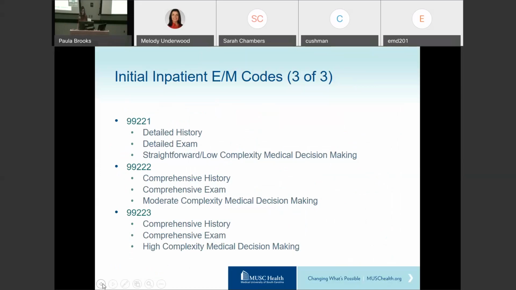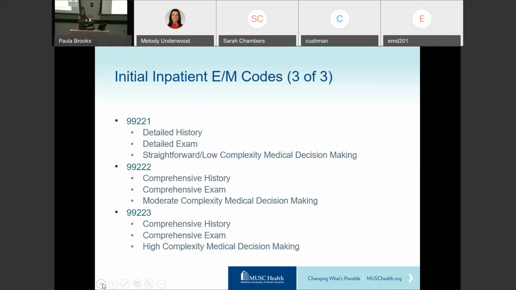So for initial inpatient E&M codes, the codes are 99221 through 99223. Let's talk about the minimum documentation requirements that each of these codes call for.